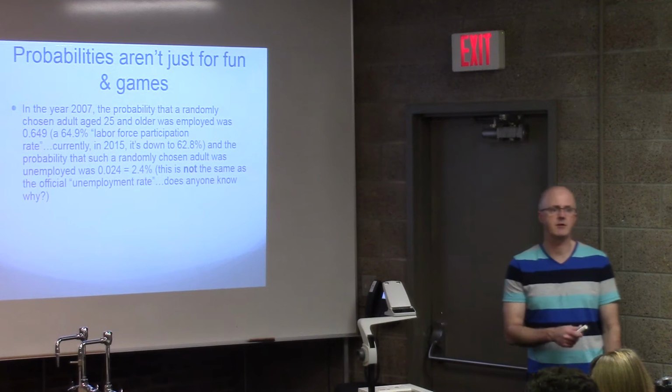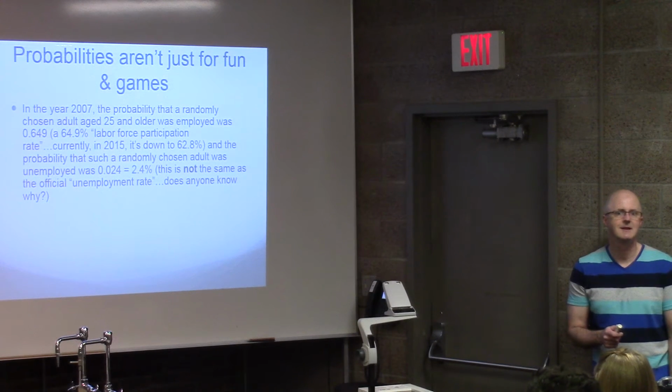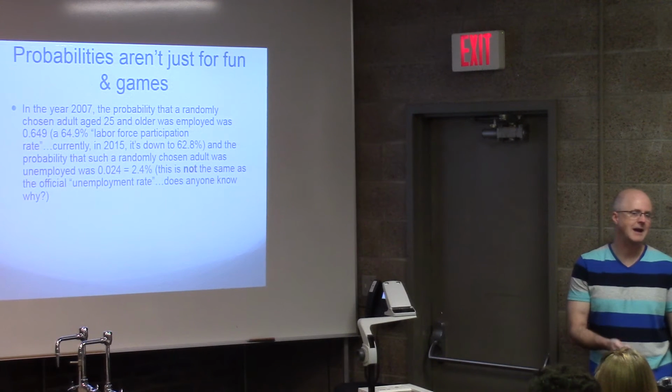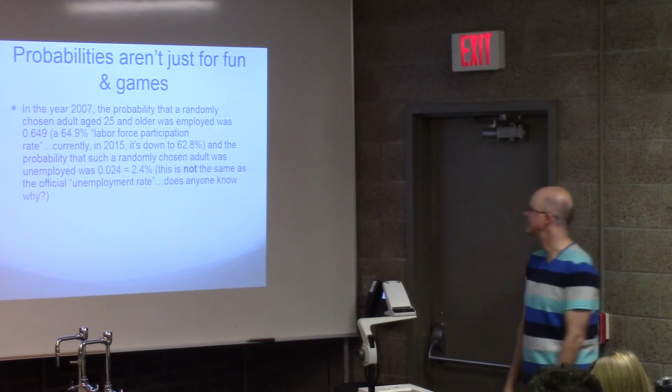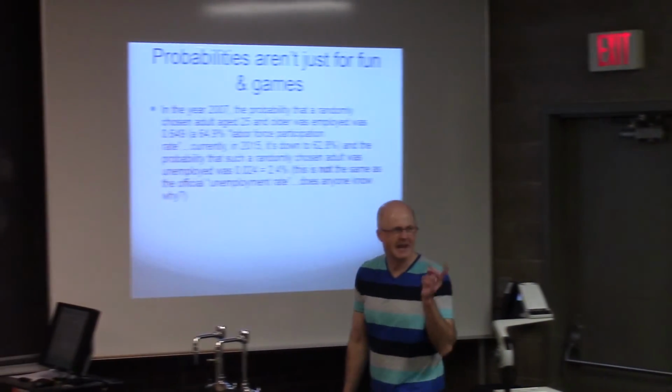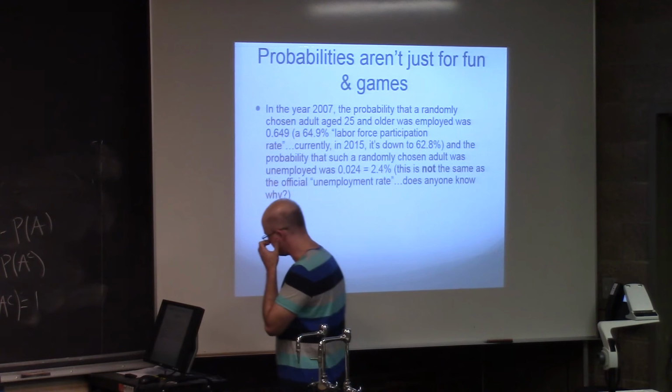That's true, that might be part of it, but I'm thinking of something else. There are people who don't work, but are not counted as unemployed because they're not looking for a job. They're not in the labor force, is what economists say. So that's another reason why it's not the same as the official unemployment rate. But yeah, perhaps the age is a factor too.